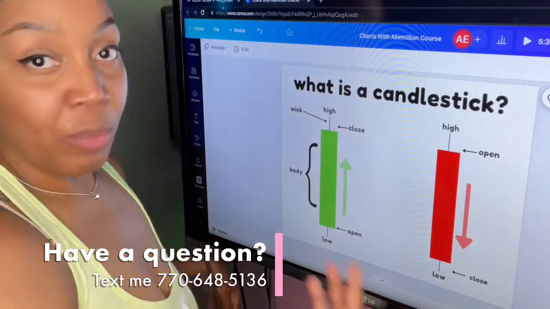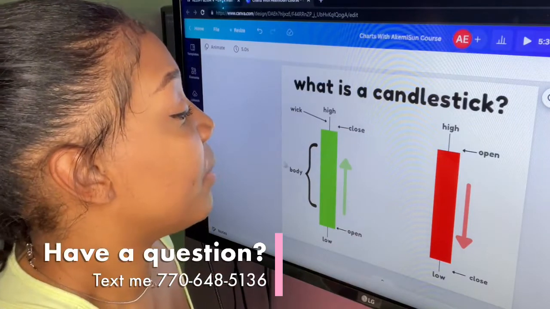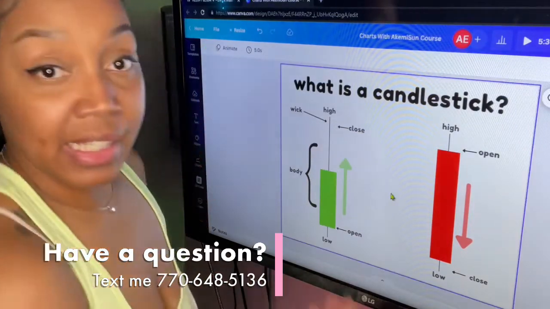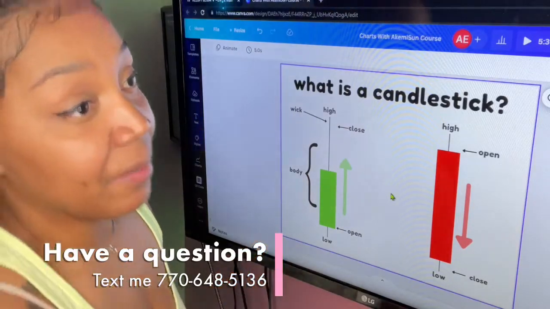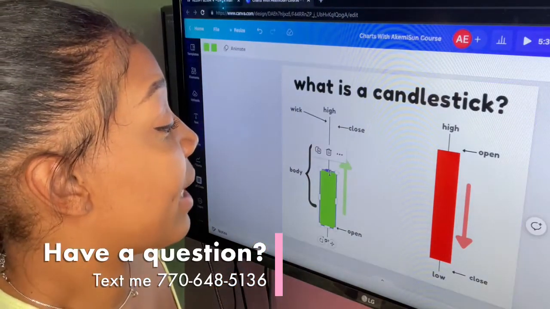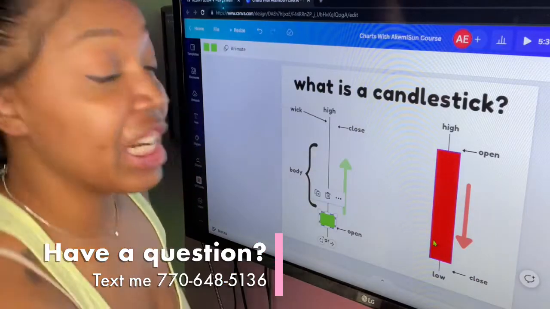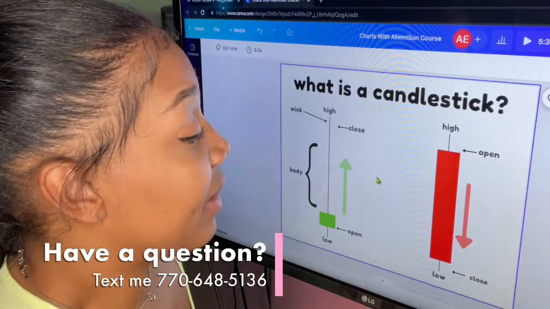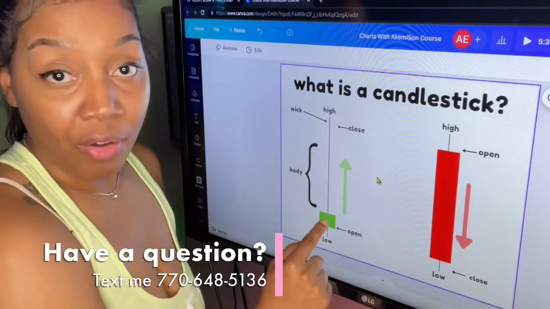Some of them have weird body shapes. Some of them may close like this, some may close like that. You also have some candlesticks that will close down here where the body is really small. At the end of the day, this is still called the body.